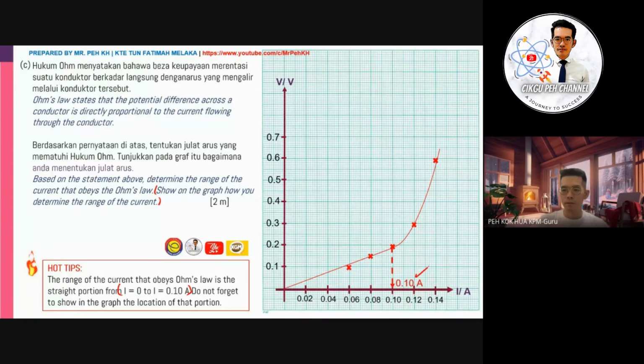This will be the first mark. Then give the range where it obeys Ohm's law, where I equals 0 to I equals 0.10 ampere. Please remember to give your unit for the answer. So this will be 2 marks.